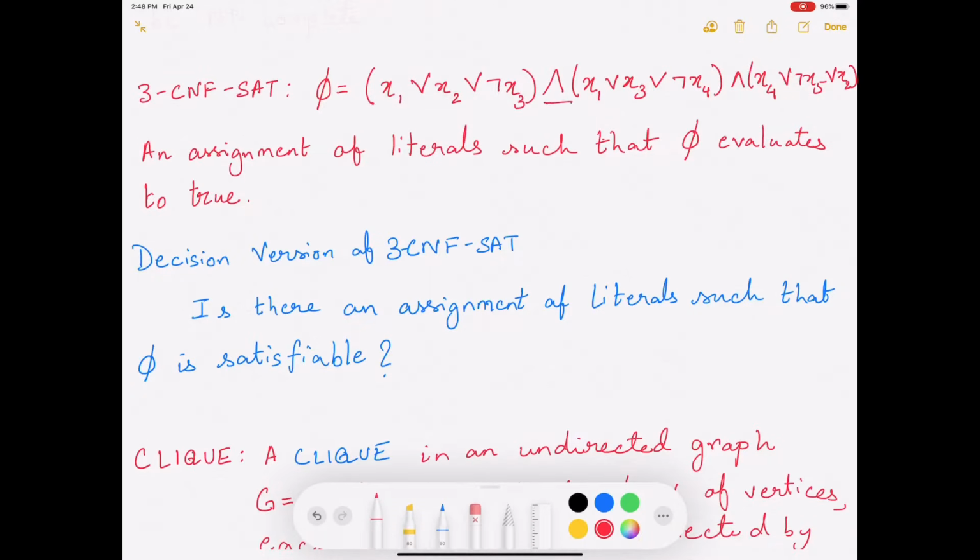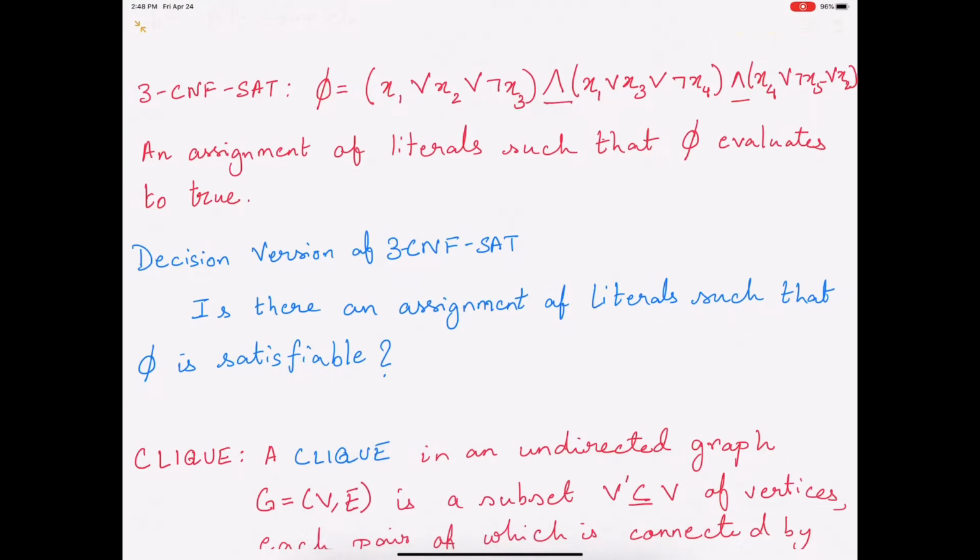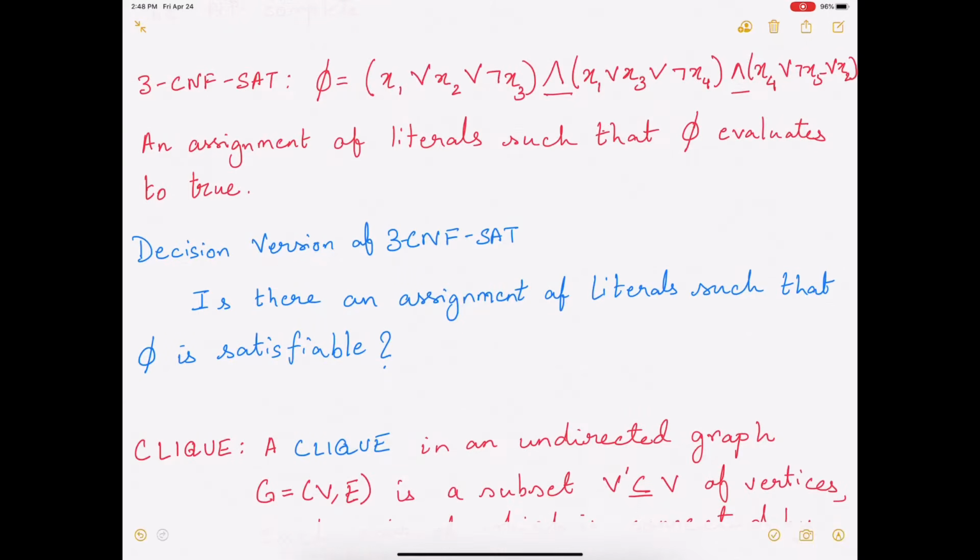Now, x1, x2, x3, x4, x5 are the literals, and an assignment of these literals such that phi evaluates to true is what 3CNF satisfiability is. Since it is 3CNF, within each clause we have three literals. The goal is to find an assignment of literals such that phi evaluates to true.